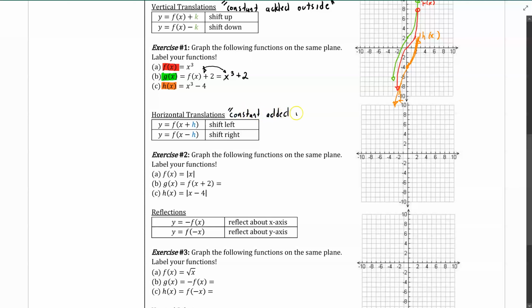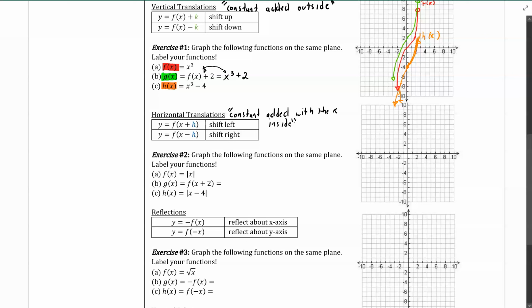Whereas I like to say it's added with the x inside. And this is the one that's a little tricky or counterintuitive. When you have a positive constant, it shifts left, and when you have a negative constant, it shifts right.